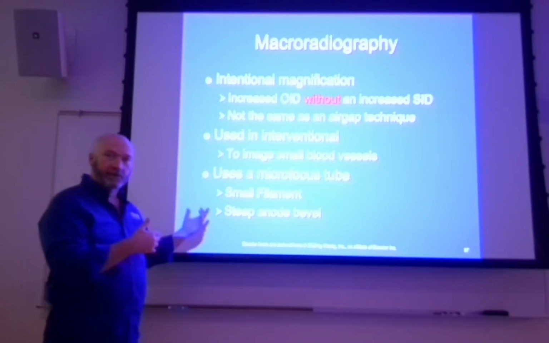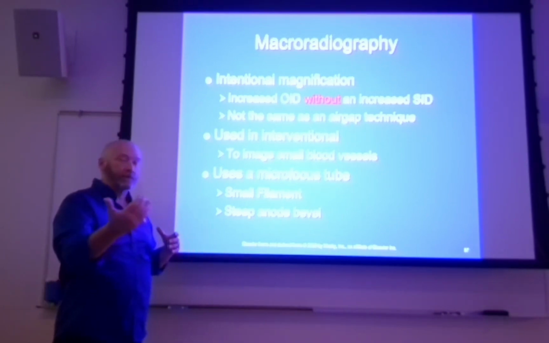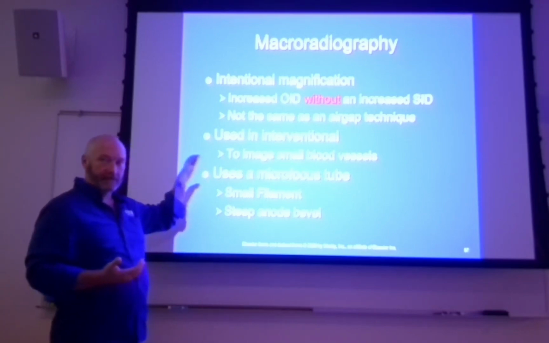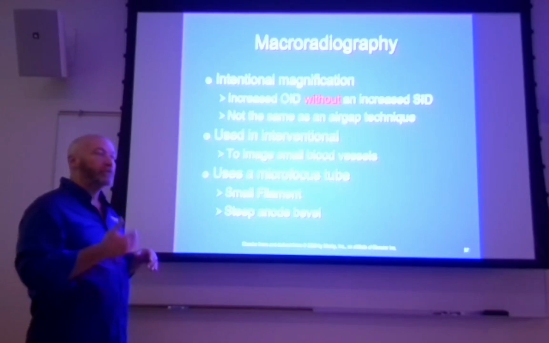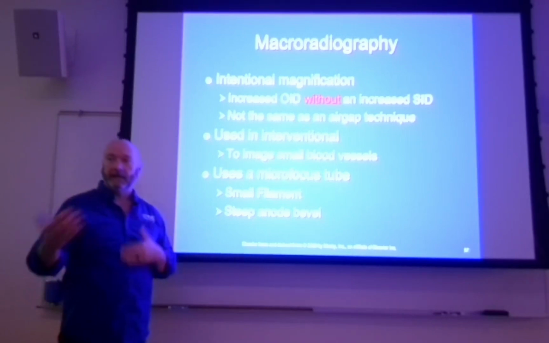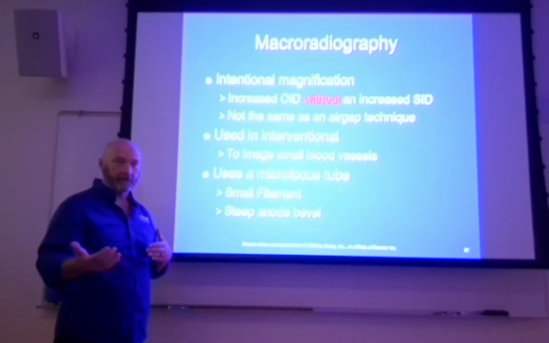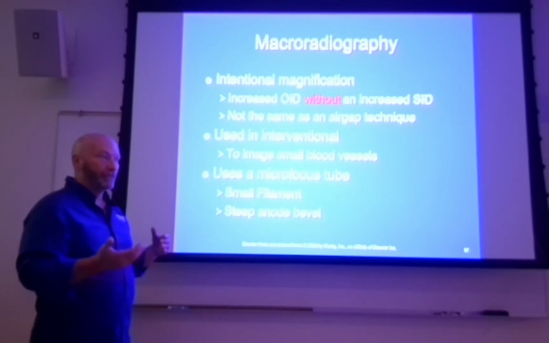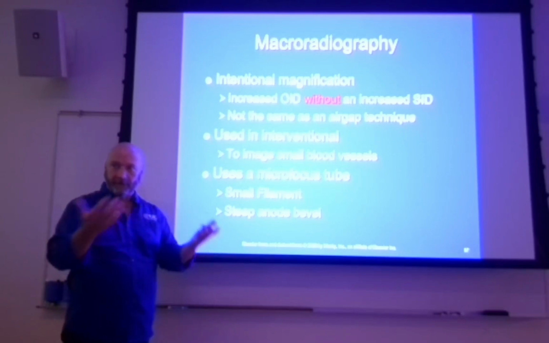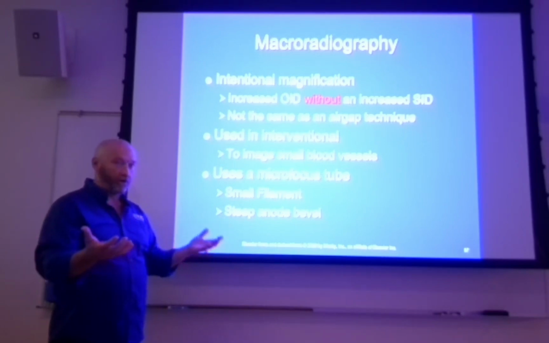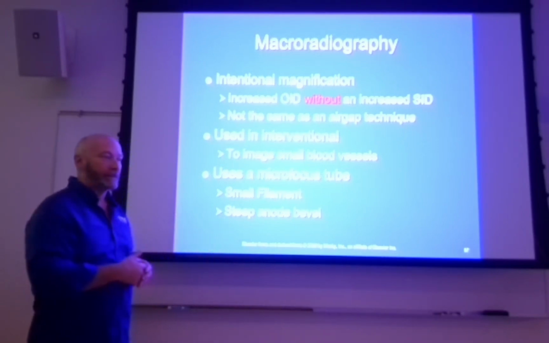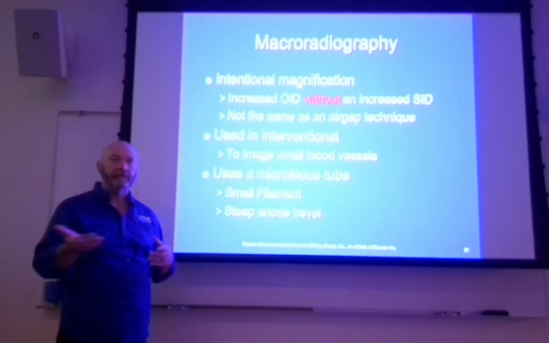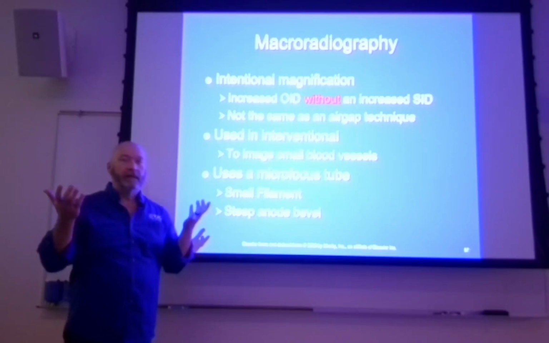So we have intentional magnification with an intentional increase in OID. We can't change the SID in the C-arm, and you wouldn't want to anyway. You need the increase in image size. So it's an intentional increase in OID so that we can magnify the artery and make sure that we're in the right place, giving us an increase in magnification.